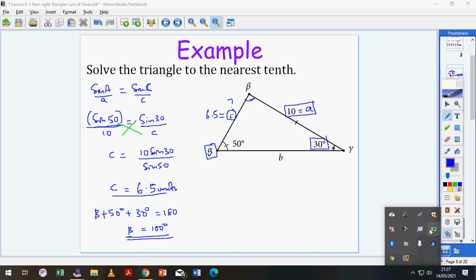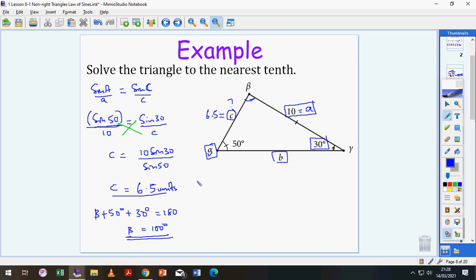Now the other thing I need to find is the side B, this side B, which is unknown. So side B, I'm also going to use the sine rule to find side B. I know that sine of B divided by B is equal to, now I can use any of these ones that I've already got, but I'll use A because A has a nice decimal, so I don't want to increase my error in the answer by using a rounded answer.